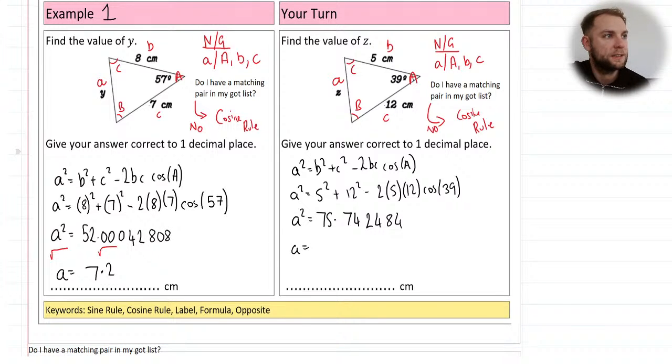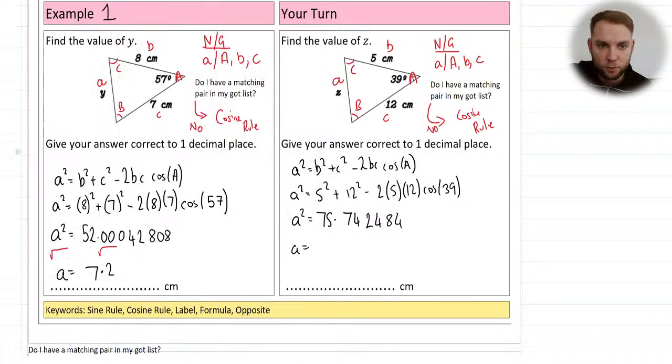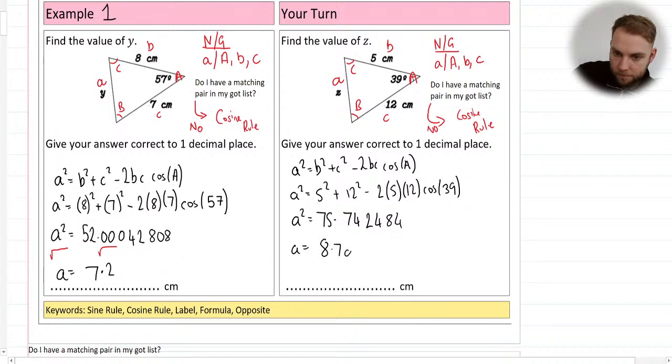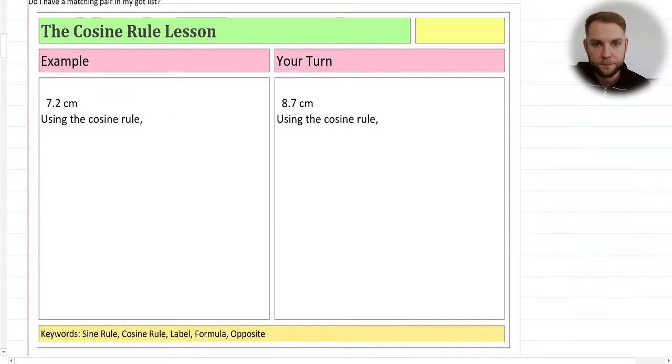Get that back up so we can see it. So the square root of that answer is equal to 8.7 to 1 decimal place. Well done if you got that right. Brilliant. Super. Really good. All right, there's your two answers.